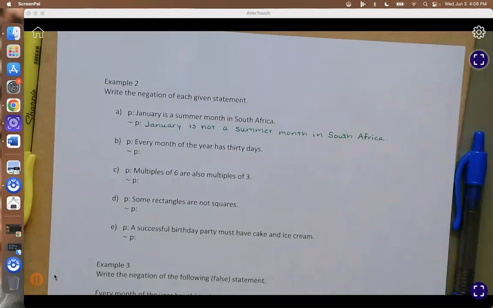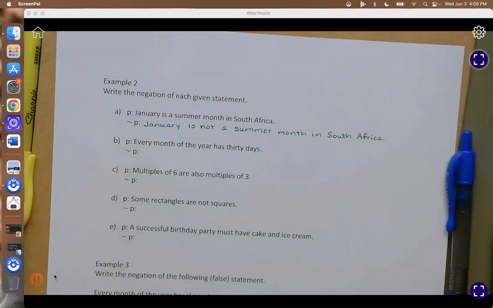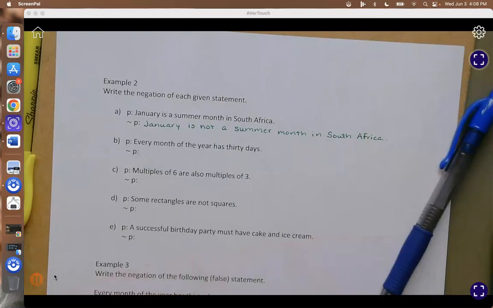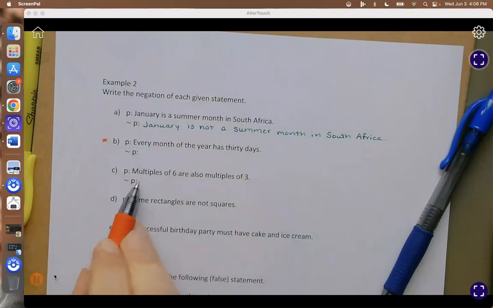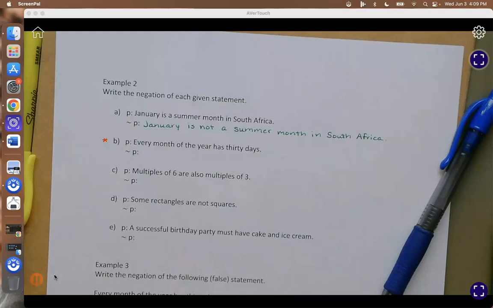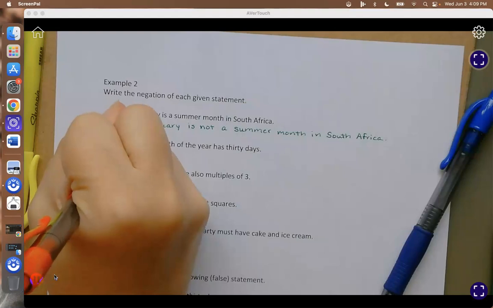Okay, this is "every." So let's go through and mark the ones that we think are either existential or universal. So that's a universal one. Multiples of 6 means all multiples of 6, so that kind of is a universal.